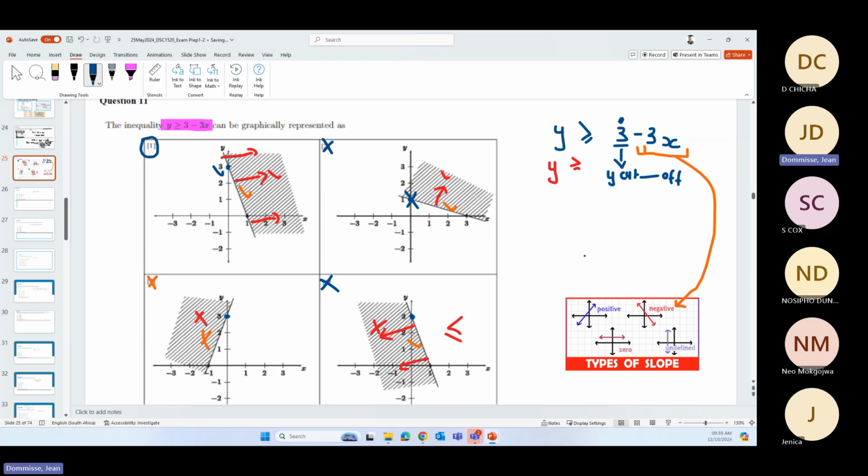But again, it's about going through a process. First I identified the y cutoff, which could eliminate one. Then I said, okay, let's look at the slope. The slope is negative, so I again identified and eliminated one.